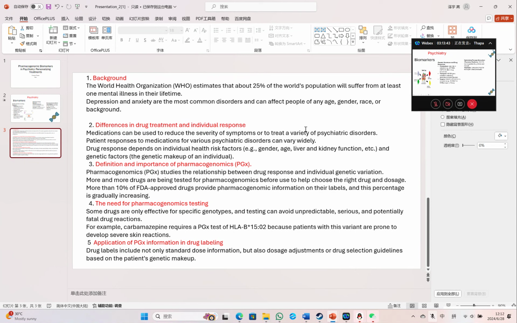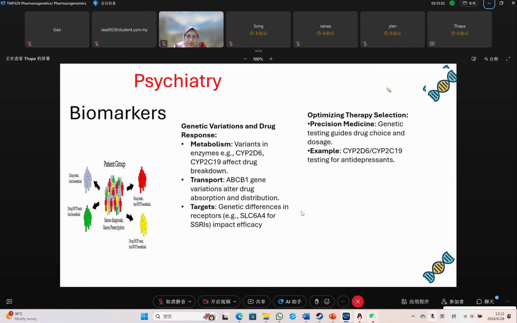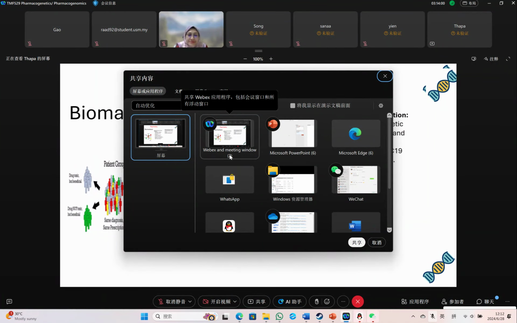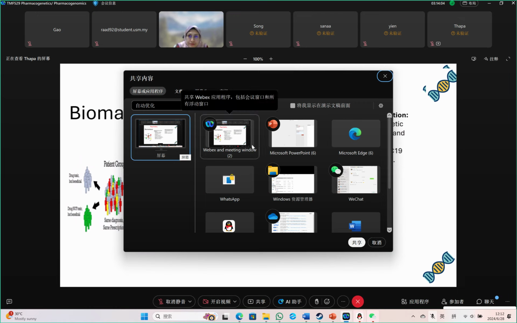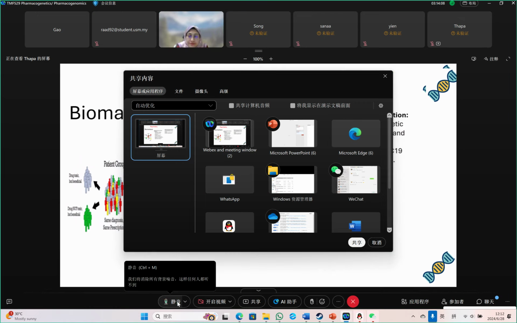Now I'd like Gao to do the remaining parts. Okay, Gao, are you there? You can continue. Yeah.